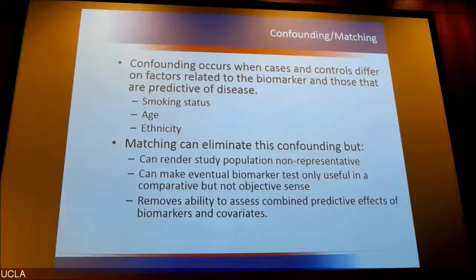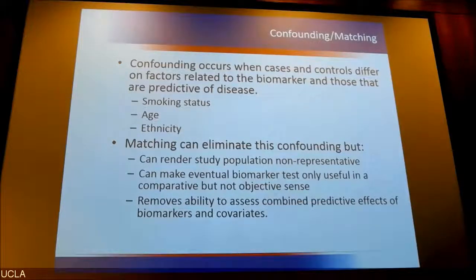And in the worst case scenario, what we can end up with is a biomarker test that's useful in a comparative sense: if you have a case and you have a control, you can maybe tell the difference between them and say which one has cancer. But that's not how clinical decision-making needs to be done. We need to have a subject in front of us and then make a decision about that subject, not ask, relatively speaking, how does this person compare to another person?